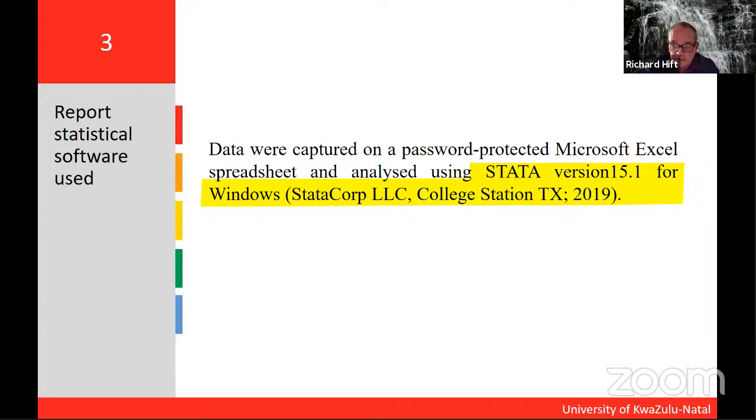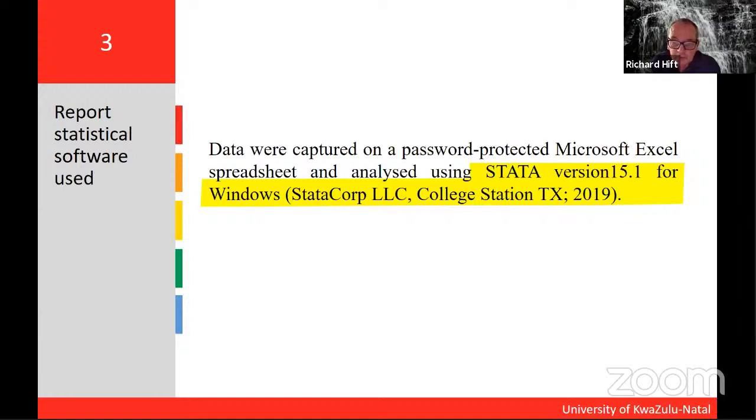And the first one is they want to know what statistical software you used, where it comes from, and what version you are using. Okay, now you may wonder why. Well, apart from, I suppose, giving credit to that particular company, if you know any stats, you'll know that there are often different ways of obtaining a particular statistical result, and they may give slightly different values.